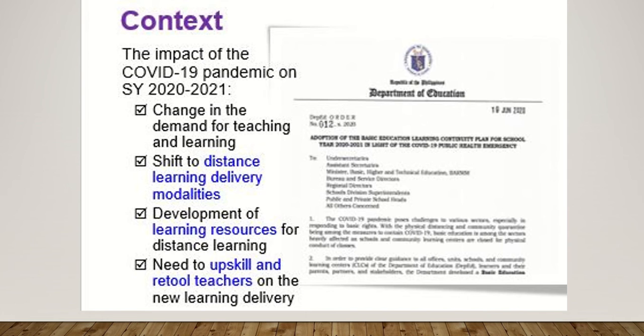Now, the context of this RPMS emphasizes the impact of the COVID-19 pandemic on school year 2020-2021, which changes the demand for teaching and learning, shifts to distance learning delivery modalities, and needs to upskill and retool teachers in the new learning delivery.